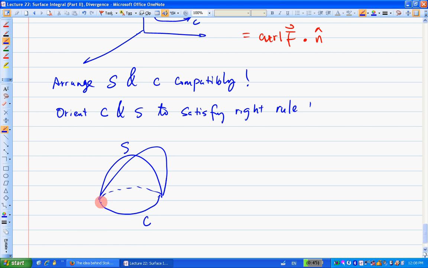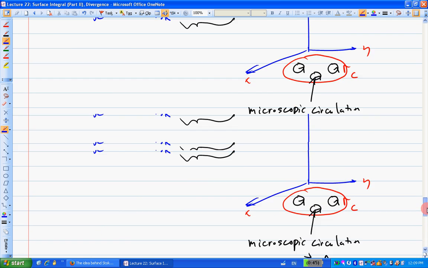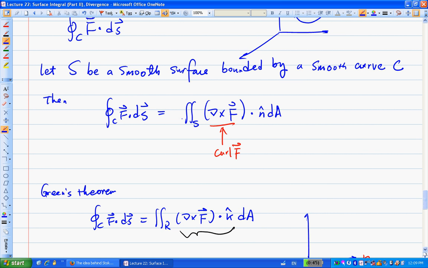If you are going this way, that's another. So all these surfaces are bounded by the curve C. So if I go back to Stokes Theorem, how many choices for the surface S can you choose? Infinite, right?